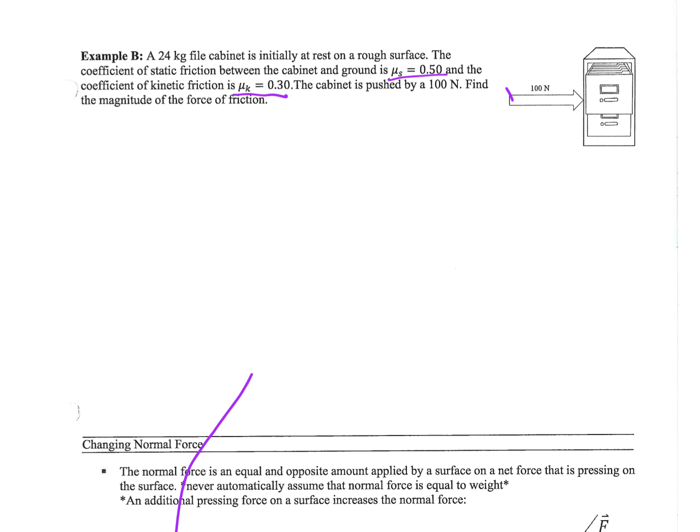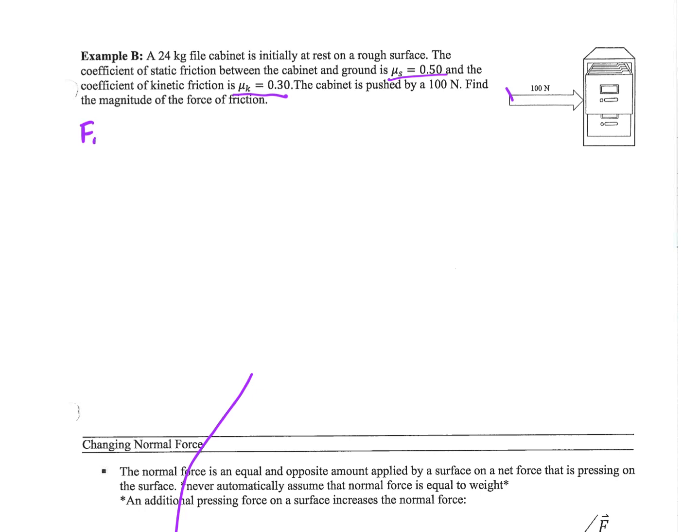Kinetic friction is usually only between 0 and about 1, because from what I said, it's less than static, isn't it? The higher the number is, the more friction there is, the rougher the surface is. Make sense? Okay, here we go. We've got a filing cabinet. The cabinet is pushed by 100 newtons. Find the magnitude of the force of friction.